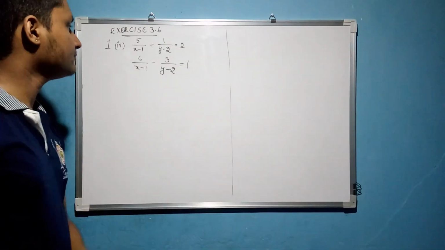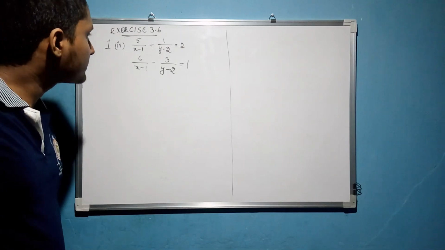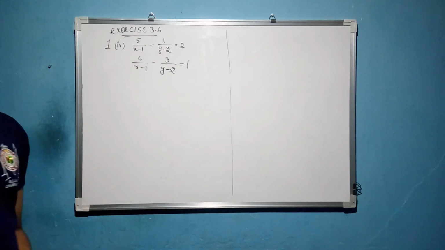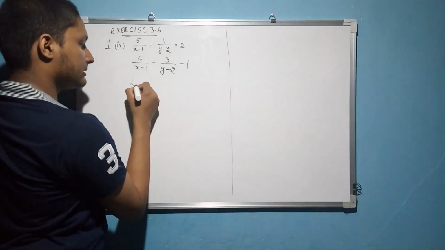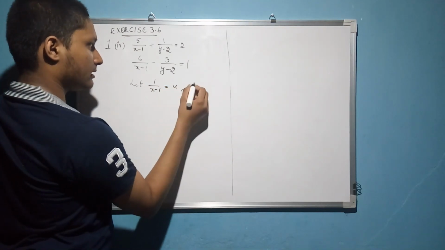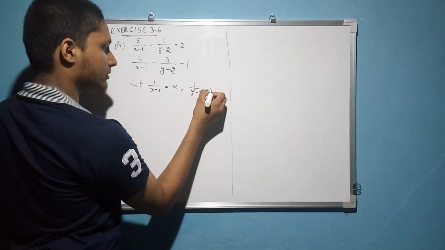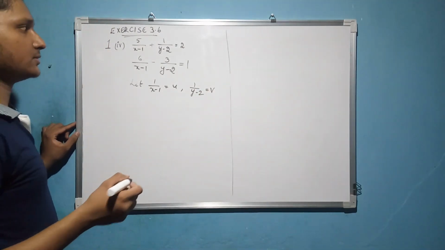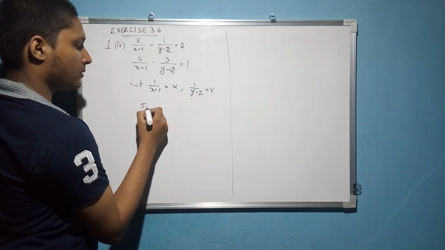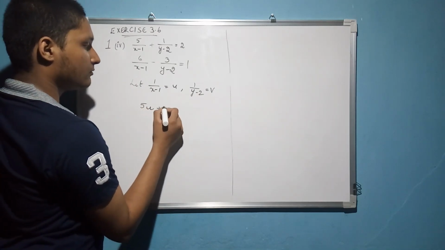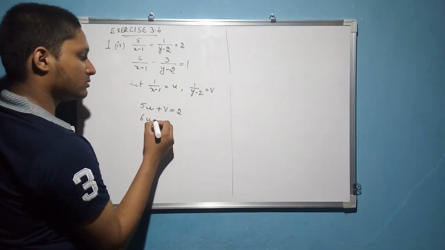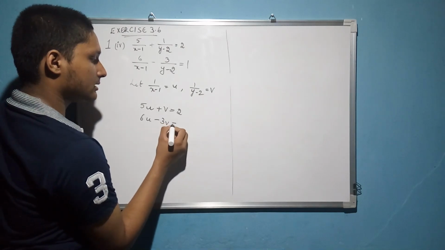Okay, now we have your fourth question. The fourth question is 5 by x minus 1 plus 1 by y minus 2 is equal to 2. Here maybe I'll do the textbook method. Let 1 by x minus 1 be u and 1 by y minus 2 be v. So the first equation becomes 5u plus v is equal to 2, and the second one is 6u minus 3v is equal to 1.